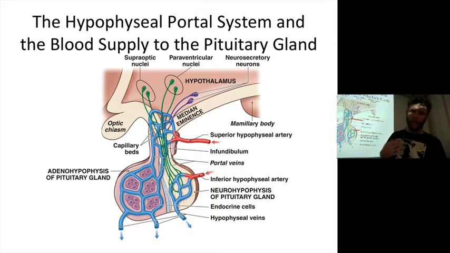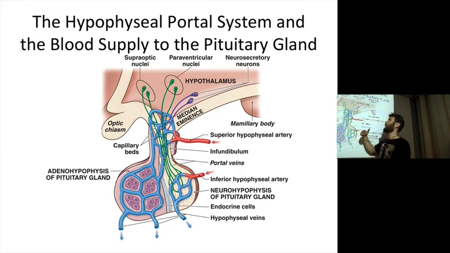So any of the stimulating hormones, and we'll get to what that even means, the stimulating hormones that are being produced in the hypothalamus are being secreted into this proximal portion of the hypophyseal portal system here from the superior hypophyseal artery, and then coming down to the adenohypophysis, stimulating that tissue, and then there's the secondary hormone that's going to be released in the adenohypophysis and return to general circulation from that point.